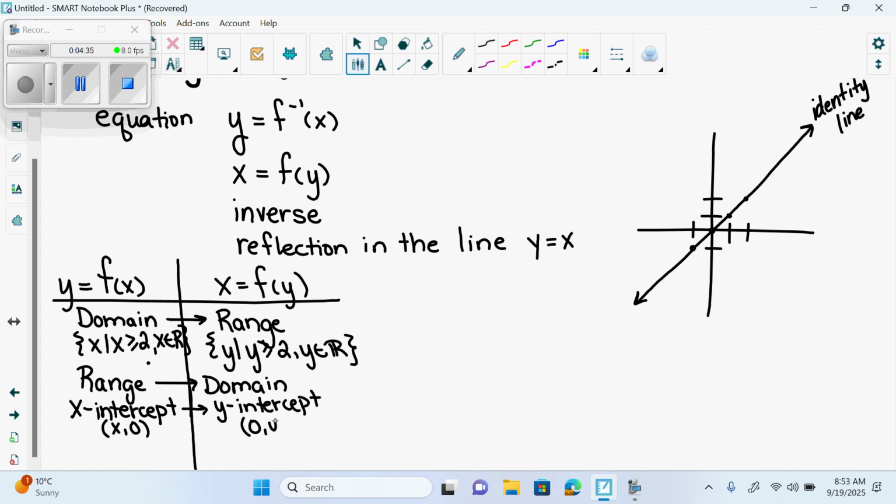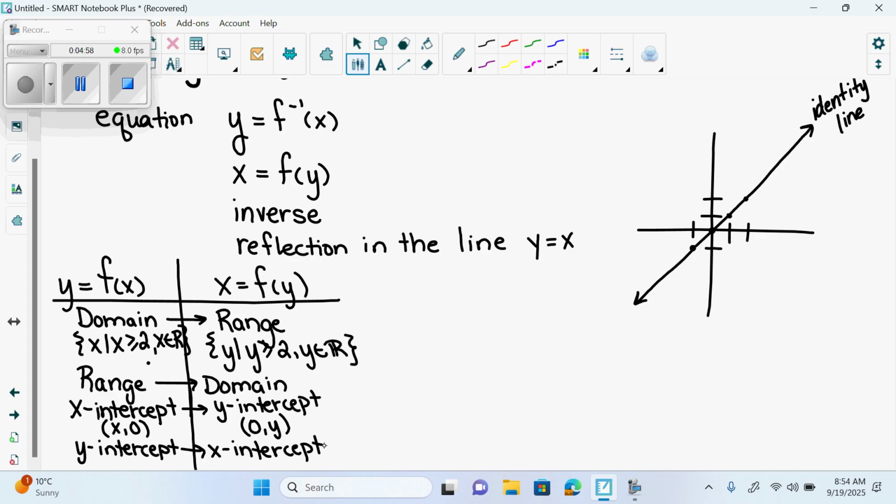So it'd be 0, comma y. Right? And then inversely, the y-intercept would become the x-intercept.